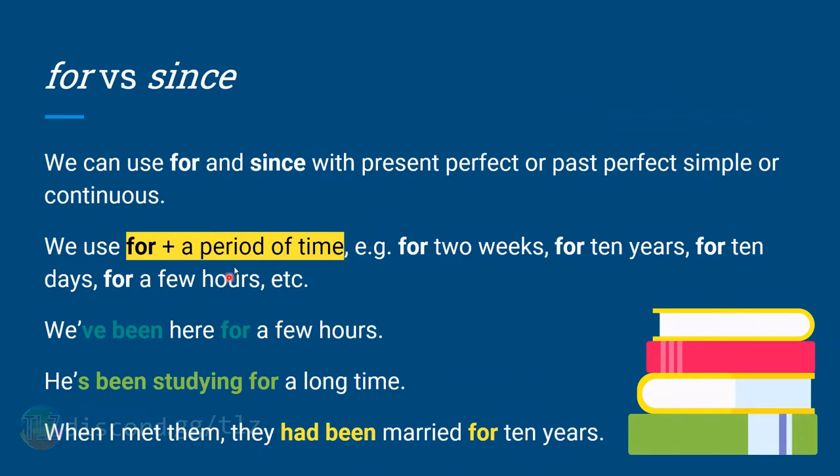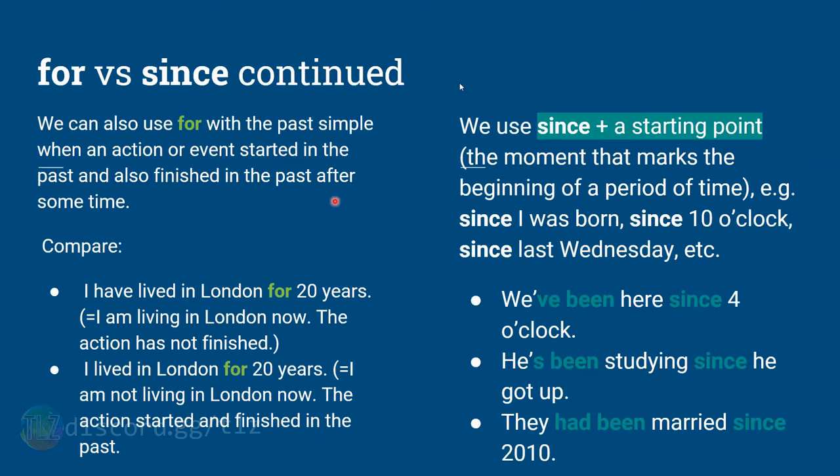It's a general period of time, not specific, and since uses a specific point in time. So it could be 10 o'clock, an hour. It could literally just describe a state of being. It doesn't necessarily have to be time. But like since I was born, it's a time, but it's not being stated in years or anything. It's just stating the time of being of the action.